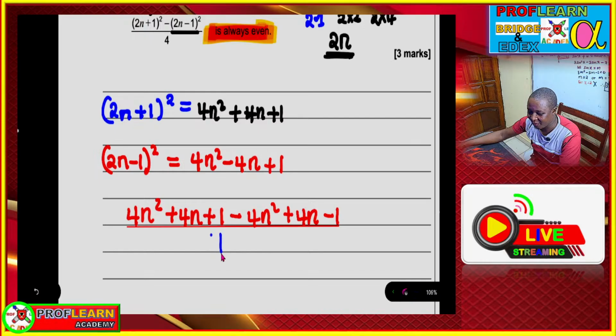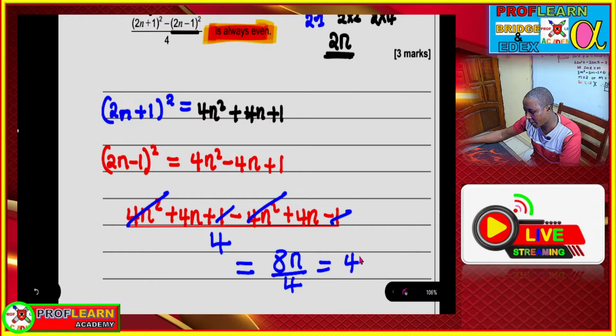Okay, this is going to be 4, of course. This part and this part will cancel. And then we are going to have here, as this is going to translate to what? And 1 and 1 will cancel out. Then we are going to remain with the expression 8n over 4. And this is going to be 4n.